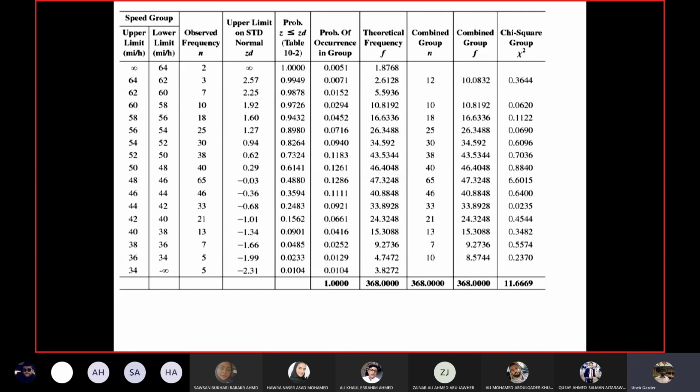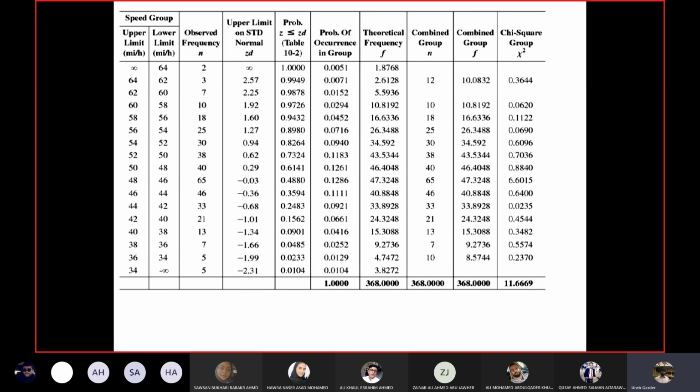Third arrangement is, you can see the first group upper limit is infinity, the last group lower limit is minus infinity. This is why I eliminated the first and the last group, because any value which is more than 64 is already covered in the first group.